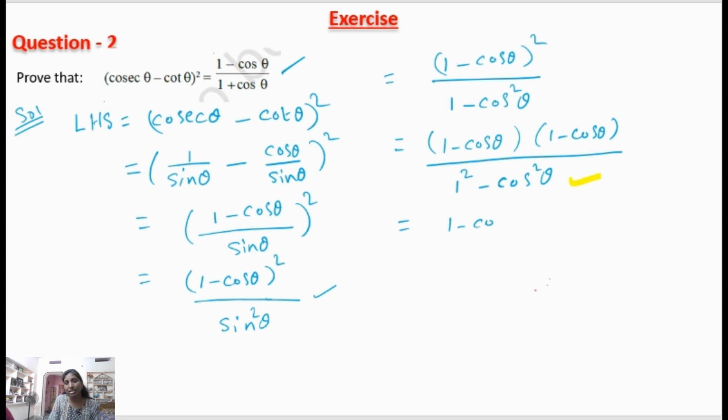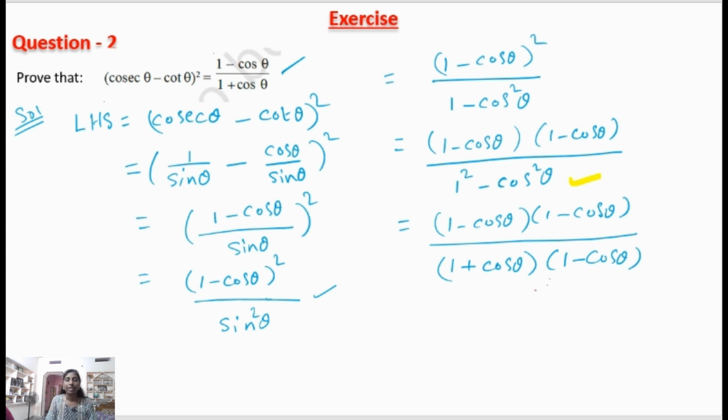So 1 minus cos theta into 1 minus cos theta divided by a plus b, it means 1 plus cos theta, and a minus b, it means 1 minus cos theta. Okay. Now we can see here in numerator and denominator 1 minus cos theta is common.